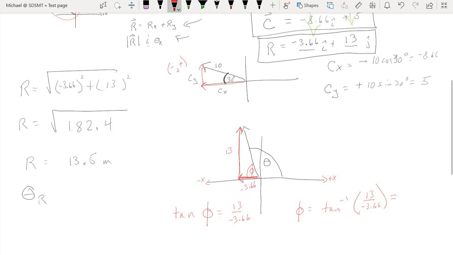And then if we take the inverse tangent of that, we're going to get an angle that is negative 74.3 degrees. And we need to ask ourselves, does that make sense? Any negative angle measure has to be made in the clockwise direction.